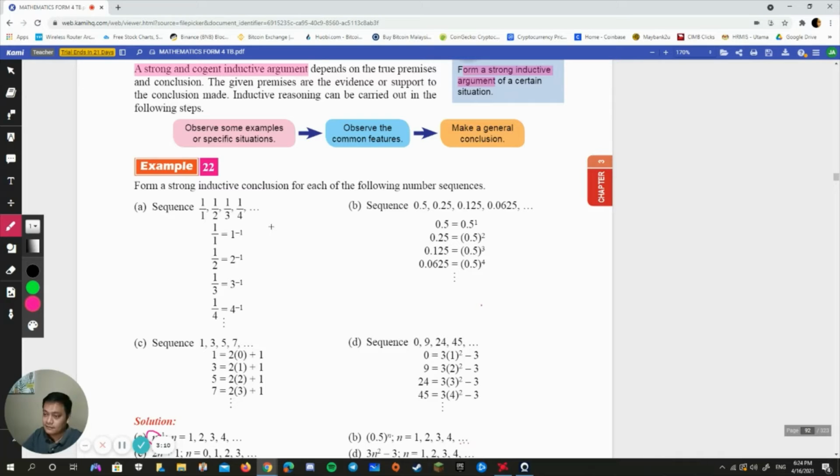This is a specific situation. Then you observe the common features. As you can see, the common feature here is the negative 1 exponent. All of these numbers have a negative 1 exponent.